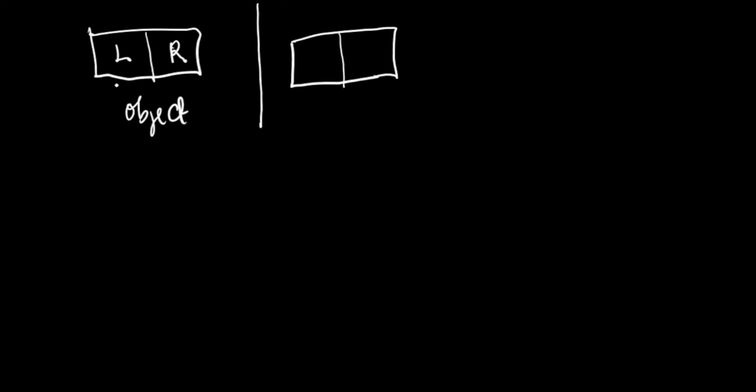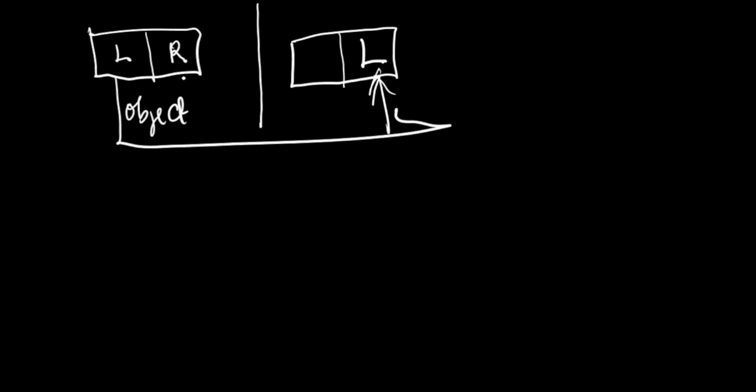So let's do that again. The left of the object would become the right of the image. So right here would have L, and the right of the object would become the left of the image.